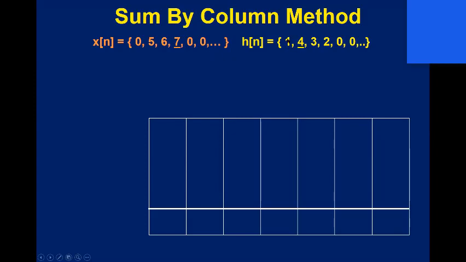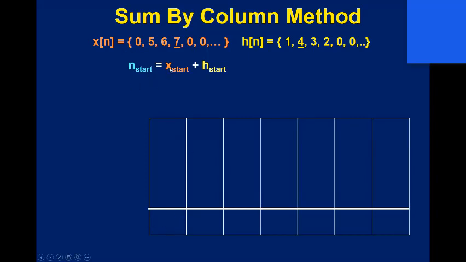So it starts at n equals -1 and goes 0, 1, 2. In terms of when I first get the answer out of the convolution from the sum by column table, for this first column, what index does that relate to?